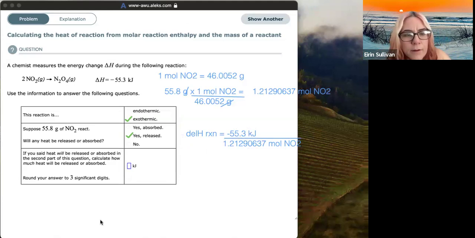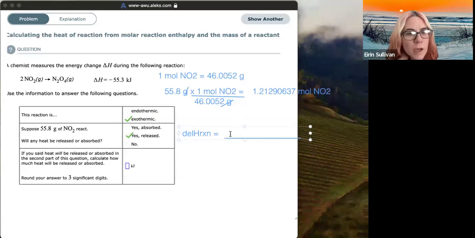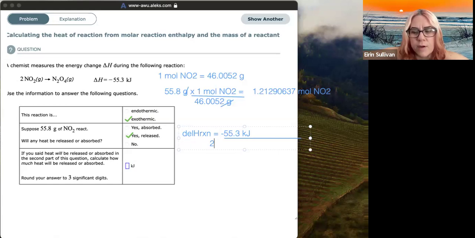So it's minus 55.3 kilojoules for every 2 moles of NO2 from the balanced equation, and we've worked out how many moles we actually do have.